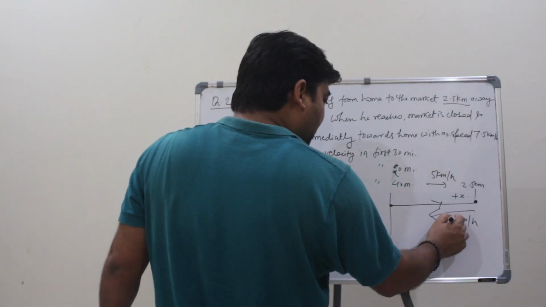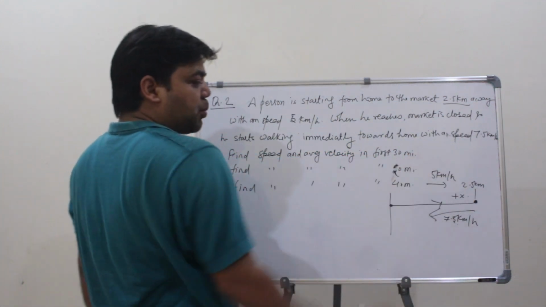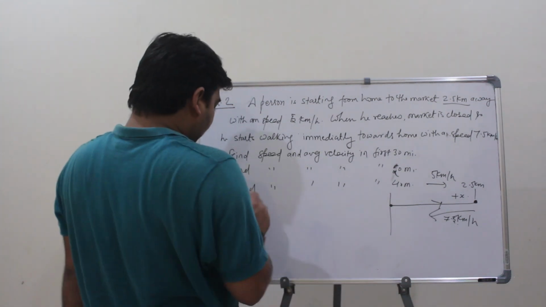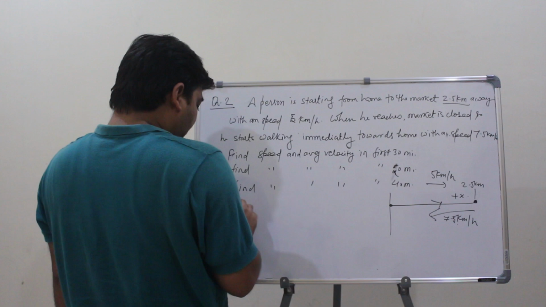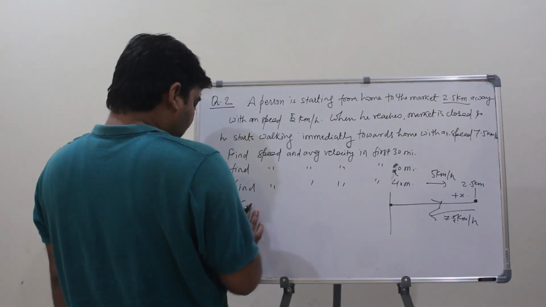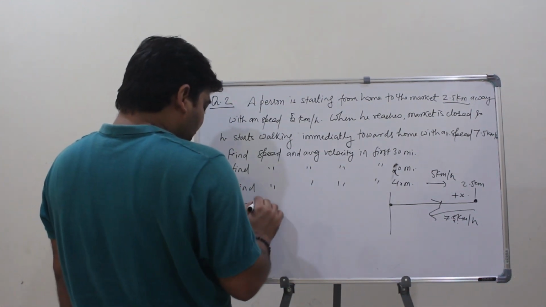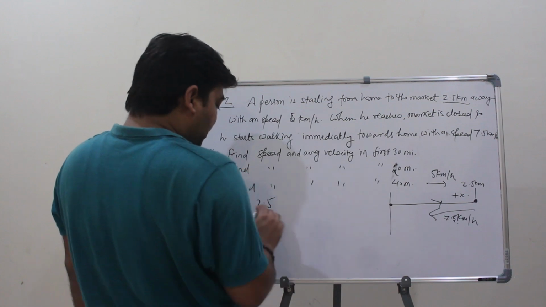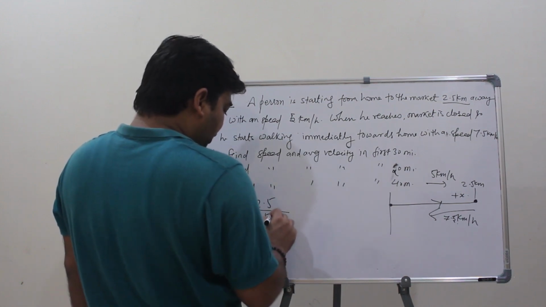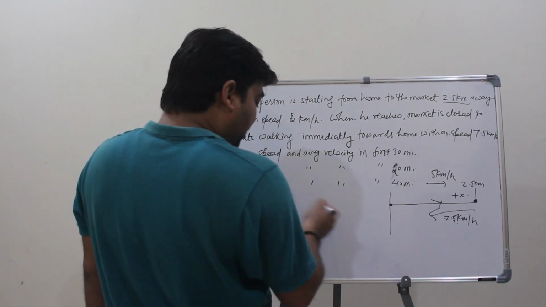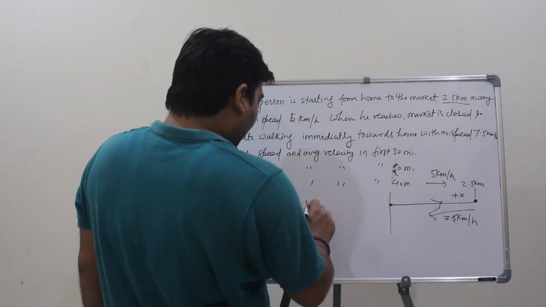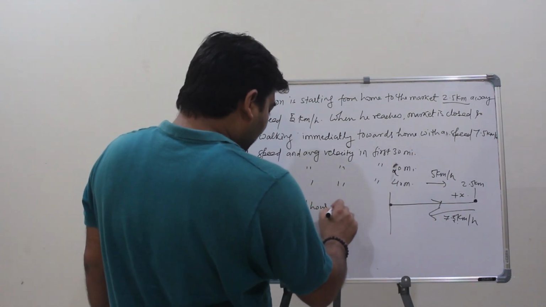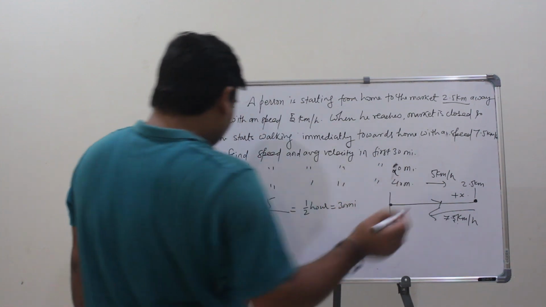Now the time taken, t1, is distance divided by speed. So it is 2.5 divided by 5, with both in kilometer. So it is half hour or 30 minutes, right?